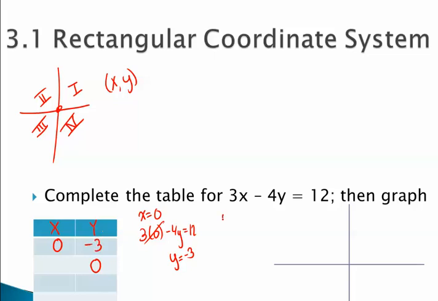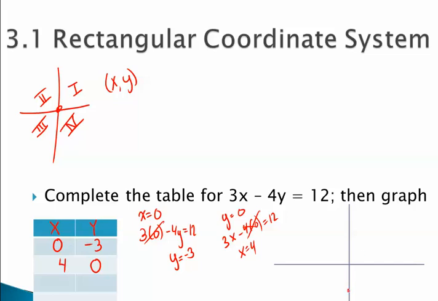When I plug in 0 for y, that will cancel out, and x will equal 4. So we'll have 2 points, 0, negative 3.